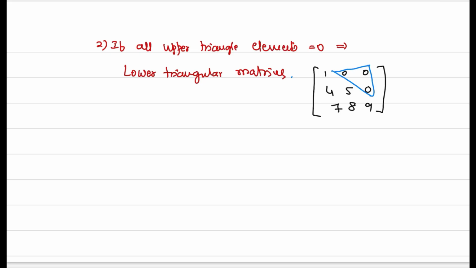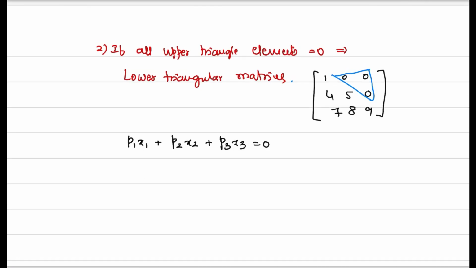And a matrix can be written as, for example, a matrix is written in this way. P1x1 plus P2x2 plus P3x3 is equal to 0. Q1x1 plus Q2x2 plus Q3x3 is equal to 0.